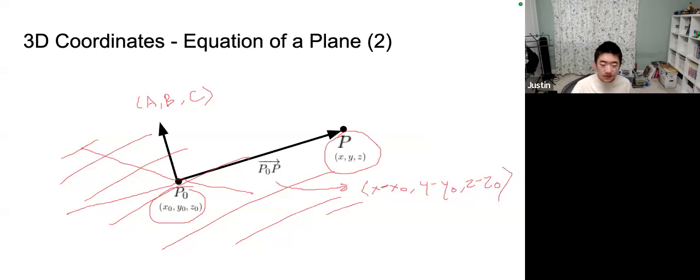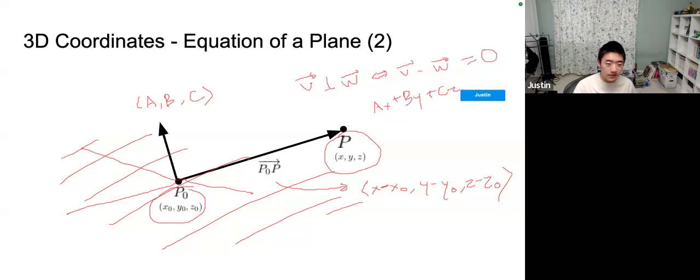And later we'll cover something called the dot product. What you need to know for now is that if two vectors are perpendicular, then their dot product is 0. Since we haven't covered that yet, if you carry out this computation, you'll find that it gives you ax + by + cz.